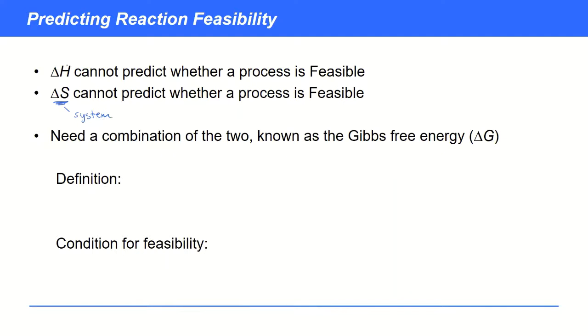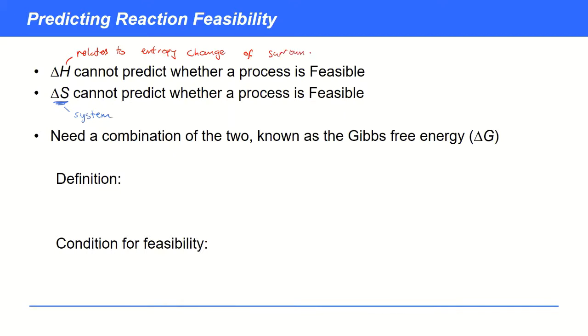Because if energy is released into the surroundings by the reaction, then that actually will increase the entropy of the surroundings. So this is somehow related to the entropy change of the surroundings.